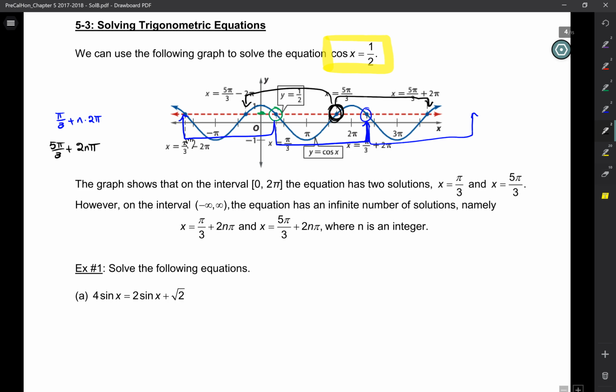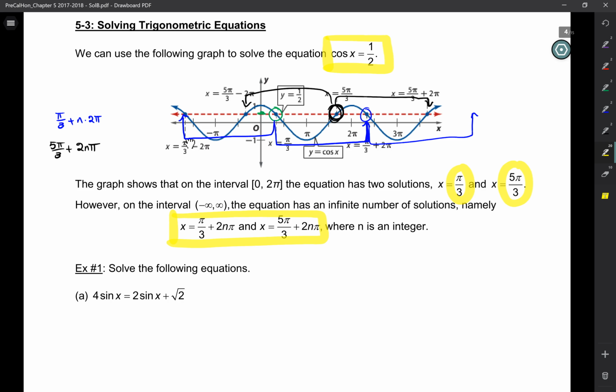Let's just recap. We were tasked with finding for what values of x is cosine equal to 1/2. And we figured out that on the unit circle from 0 to 2 pi, that happens at pi over 3 and 5 pi over 3. But if we expand that over all reals, then we know that that happens at pi over 3 plus 2n pi, and 5 pi over 3 plus 2n pi.